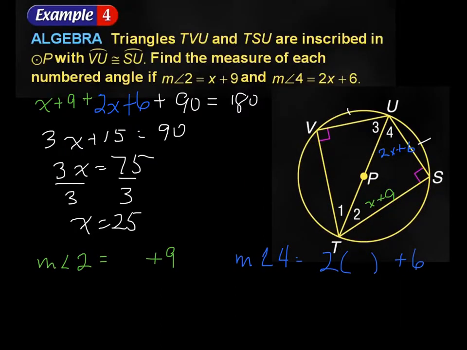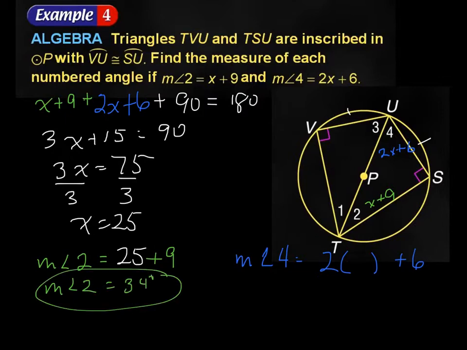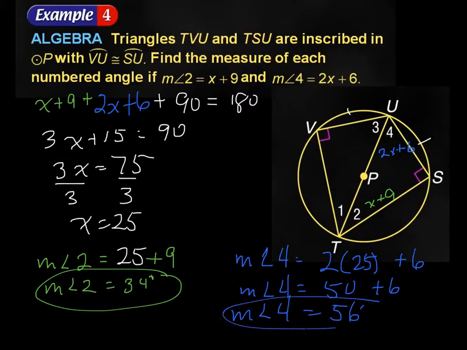Angle 2 is going to be 25 plus 9, which is 34. And angle 4 is going to be 2 times 25, so that's 50 plus 6. So the measure of angle 4 has to be 56 degrees.